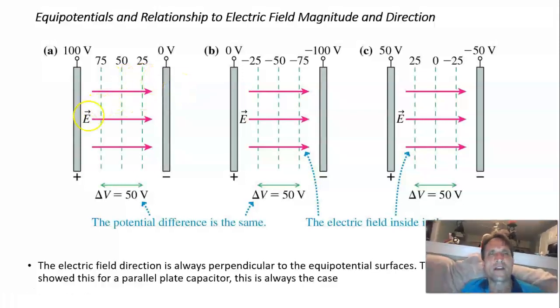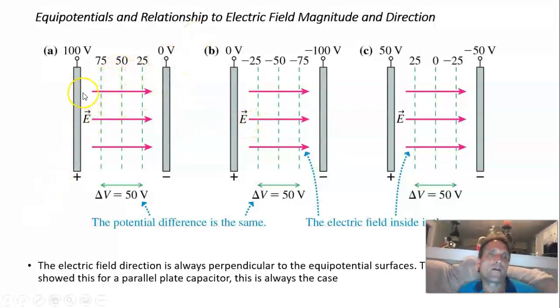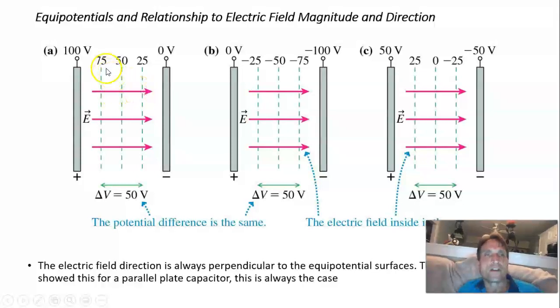The other thing here is that the electric field we know in a parallel plate capacitor points from the positive plate toward the negative plate, positive terminal to the negative. And if you look here, what we see is that the electric field direction is perpendicular to these equipotential surfaces. The equipotentials go up and down. The electric field points from left to right.